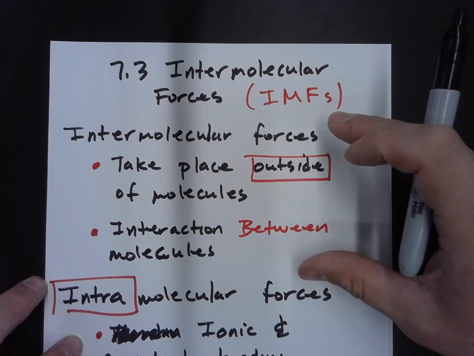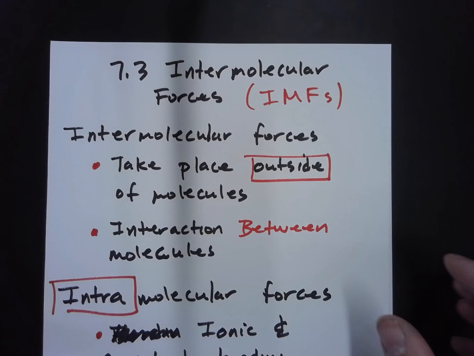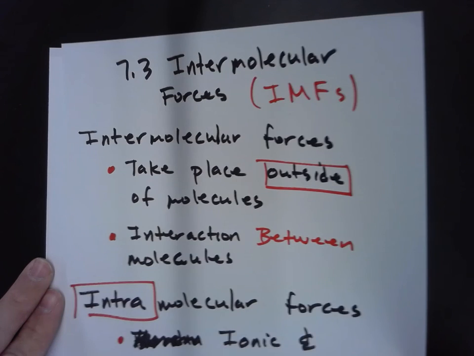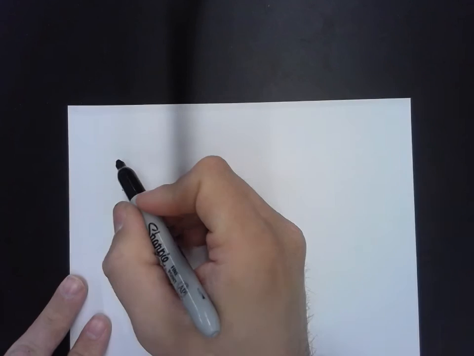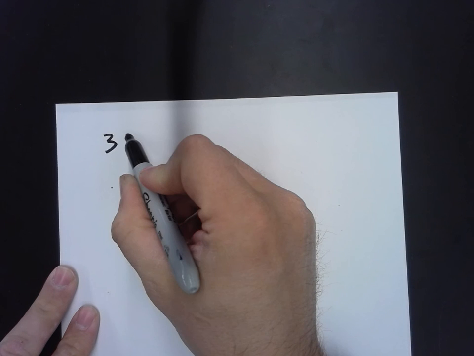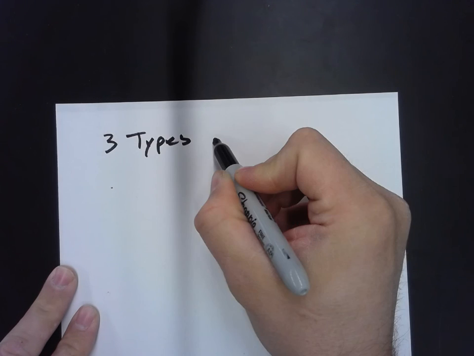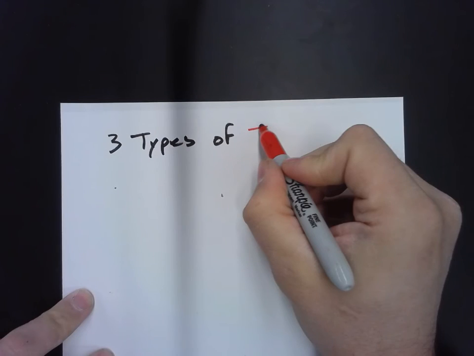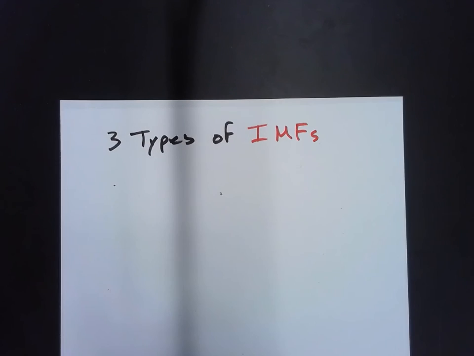The easiest one to start with, I think, is hydrogen bonding. Well, actually, there are three types. Let's talk about the three types of intermolecular forces, IMFs. The first one is hydrogen bonding.